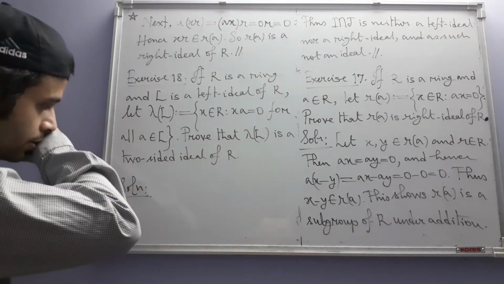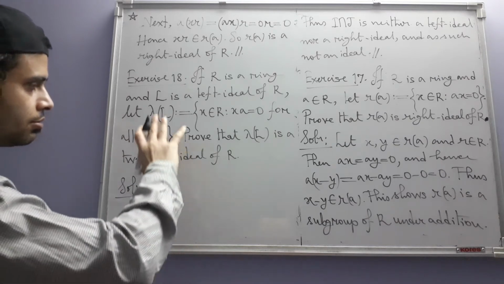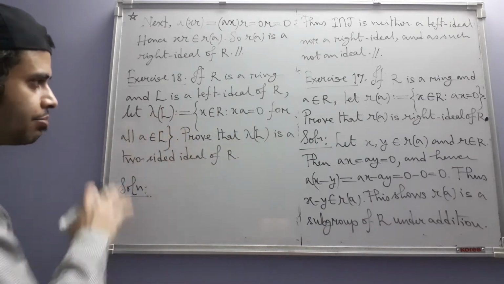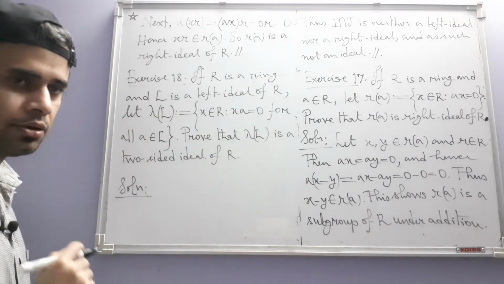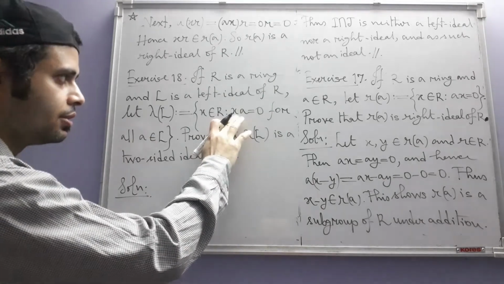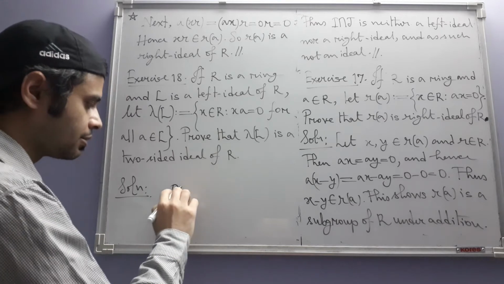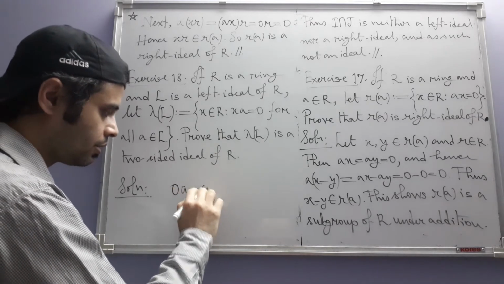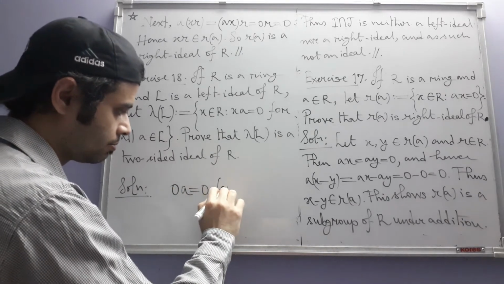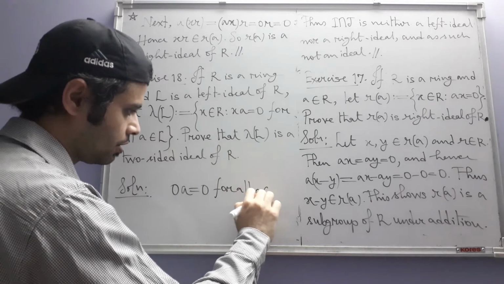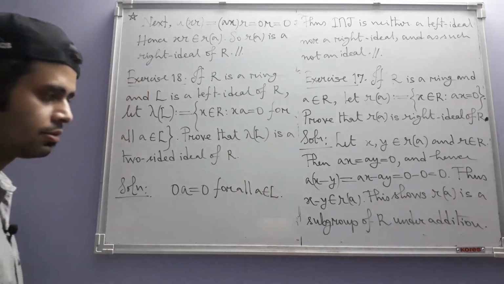Okay, so the first thing we should see here is that lambda L contains the 0 element. Can we take 0 here? If I take 0 in place of x, is it true that 0a is equal to 0 for all a belonging to L? Yes, it is true.